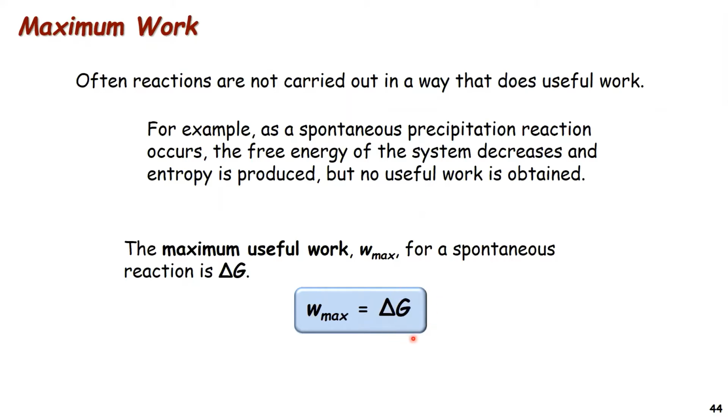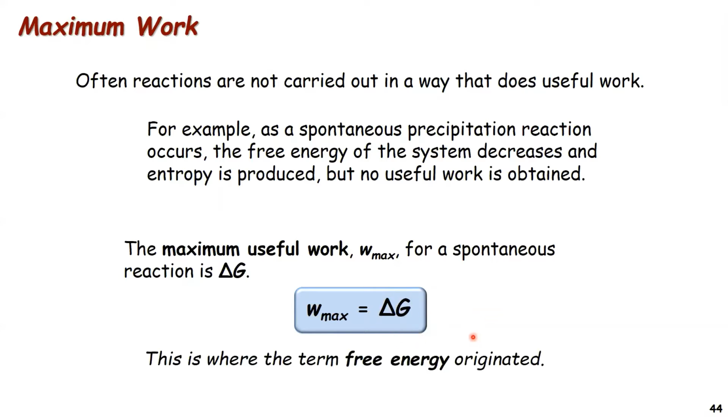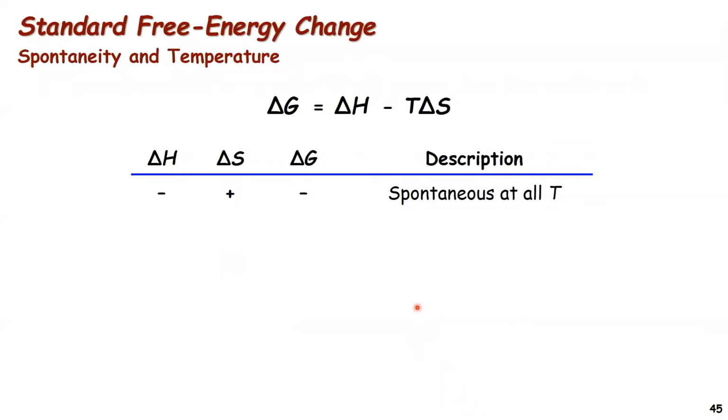We'll talk more about that because it can be very confusing. There are at least 5 different del G's, and they all have very different meanings depending on what the subscripts and superscripts are. So that is maximum work. And again, this is where the term free energy originates: it's the amount of energy that's actually useful to us.